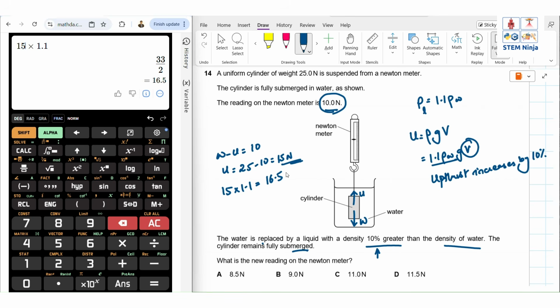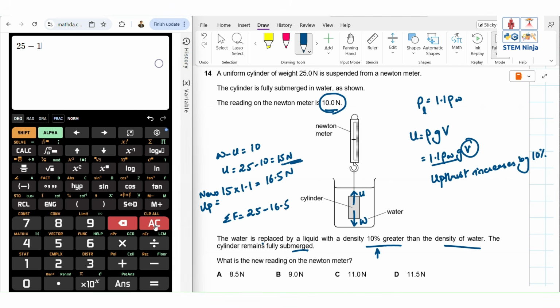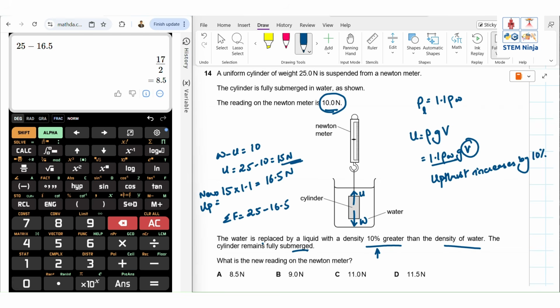Yeah, 16.5 newtons. So this is the new upthrust. So that would mean that the resultant force over here would be 25 minus 16.5, which is 8.5 newtons. So 8.5 is part A.